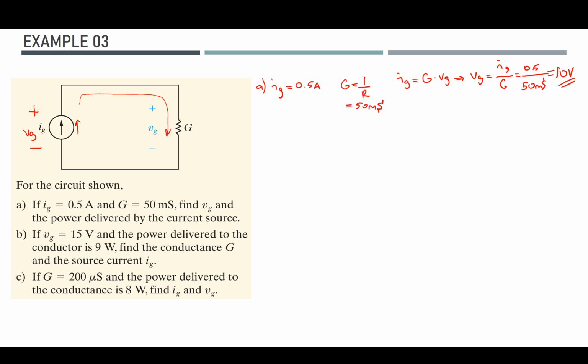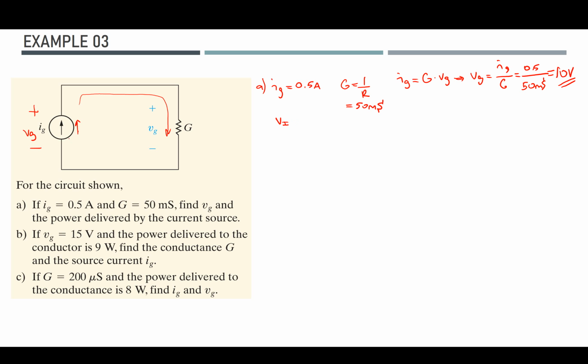Then I also know the same voltage is across the independent current source, which means Vi. However, there is one difference.